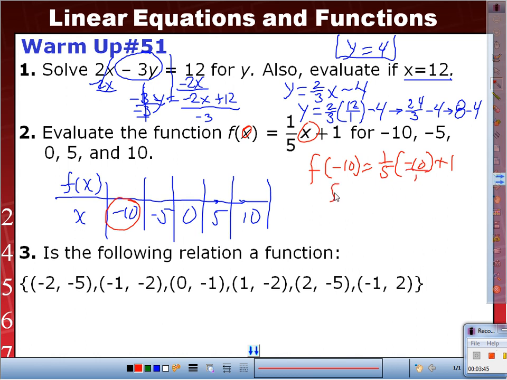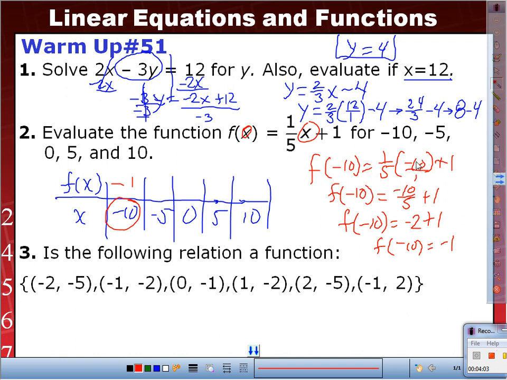This is over 1, so f of negative 10 equals negative 10 over 5 plus 1. What is negative 10 over 5? Negative 2 plus 1. What is negative 2 plus 1? Negative 1, and that goes right there. Now, I did this one showing you all the work, okay? And this is the kind of work I want to see.